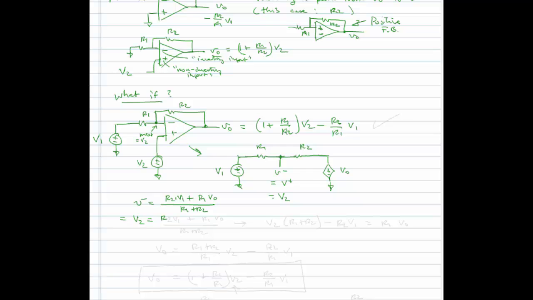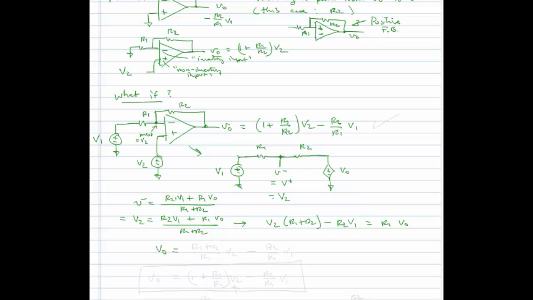So, okay, we'll write it this way, R1 VO, and let's rewrite it here: R1 plus R2 times V2 minus R2 times V1 is equal to R1 times VO. And let's solve for VO.